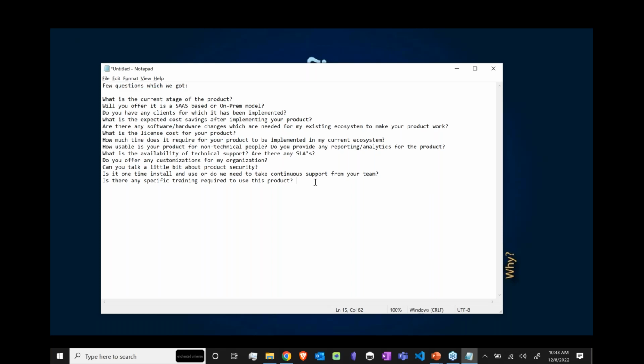How much time does it require for your product to be implemented in my current ecosystem? It's instantaneous. It's a day one operation methodology. We built it as a SaaS to make it adoptable on day one itself. How usable is your product for non-technical people? Do you provide any reporting analytics? Yes.